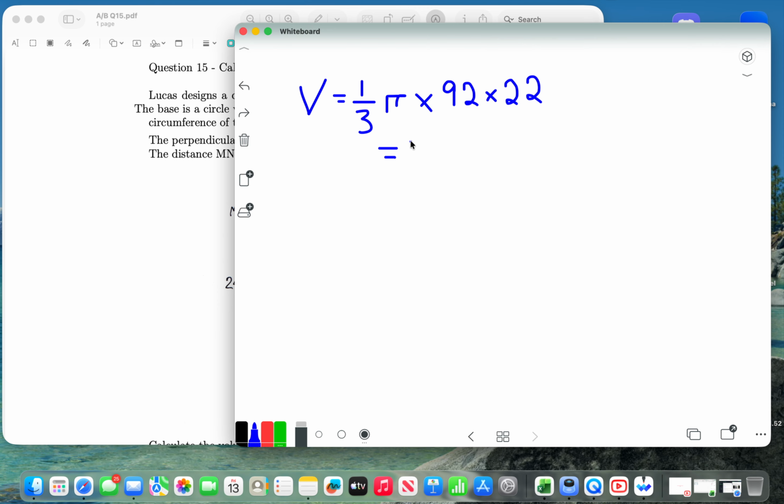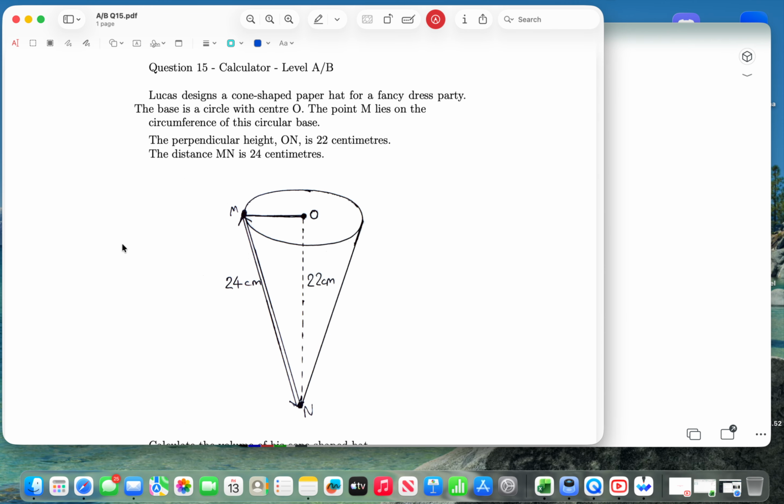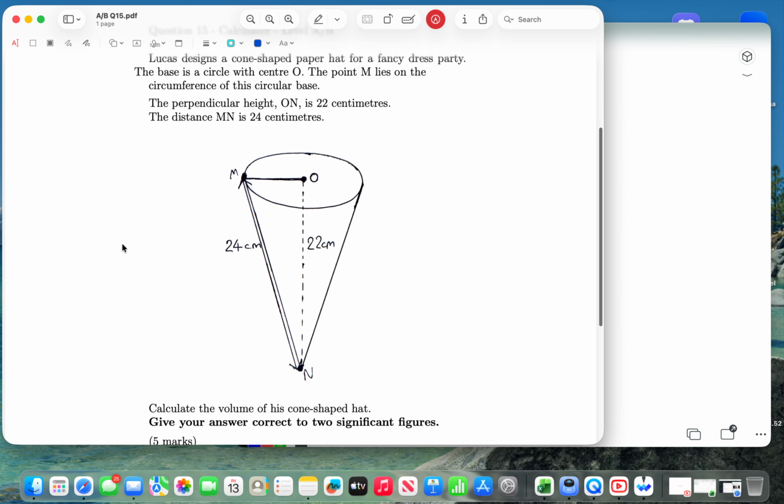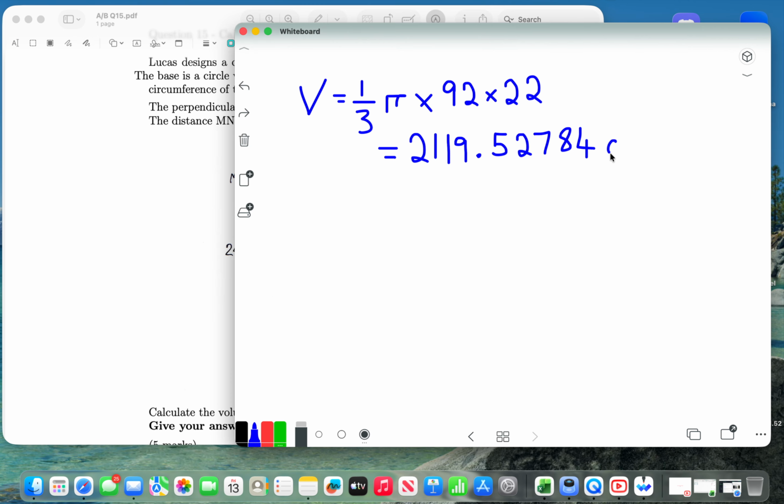And we're going to get the answer of 2119.52784. And the units in the question were centimetres, so we are going to use centimetres cubed.